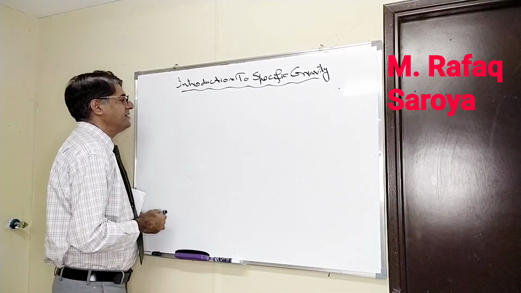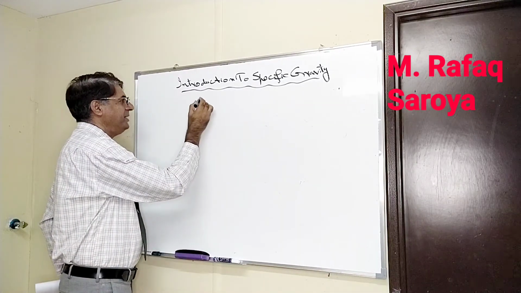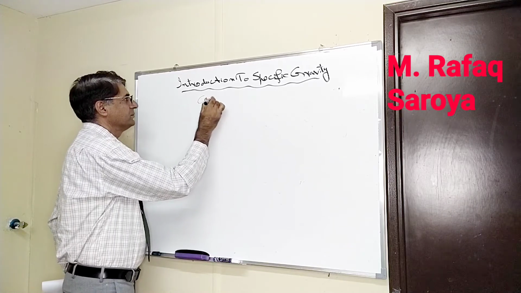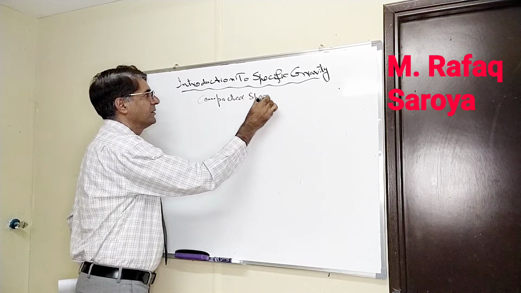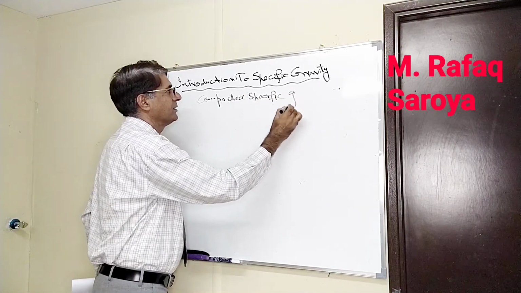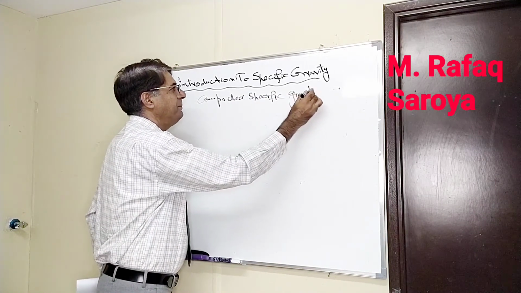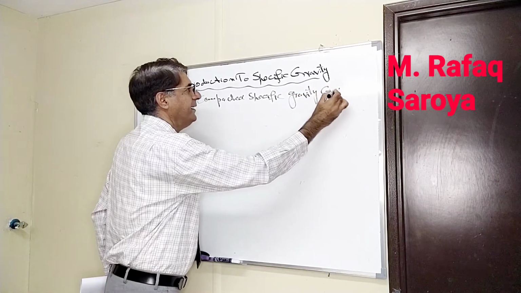One is known as compacted specific gravity, which is represented by Gmb.